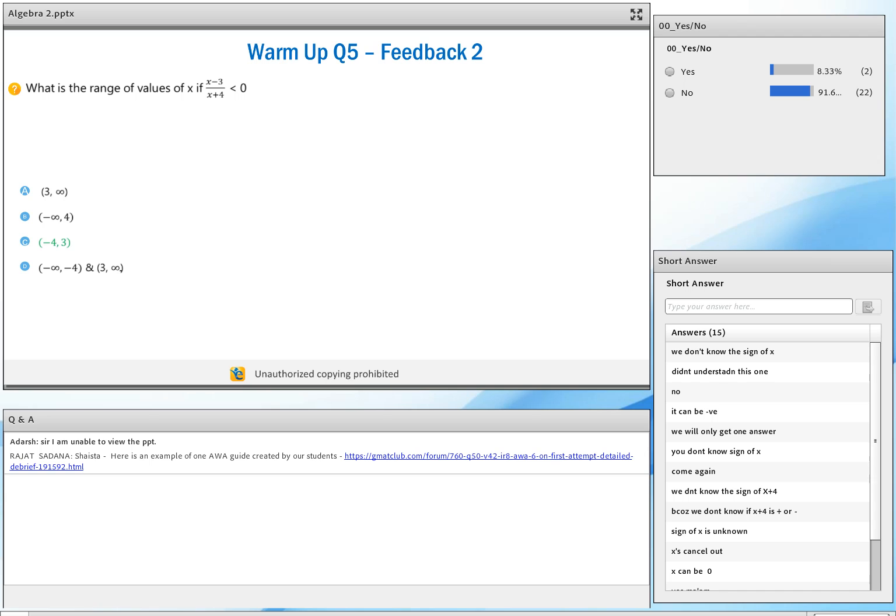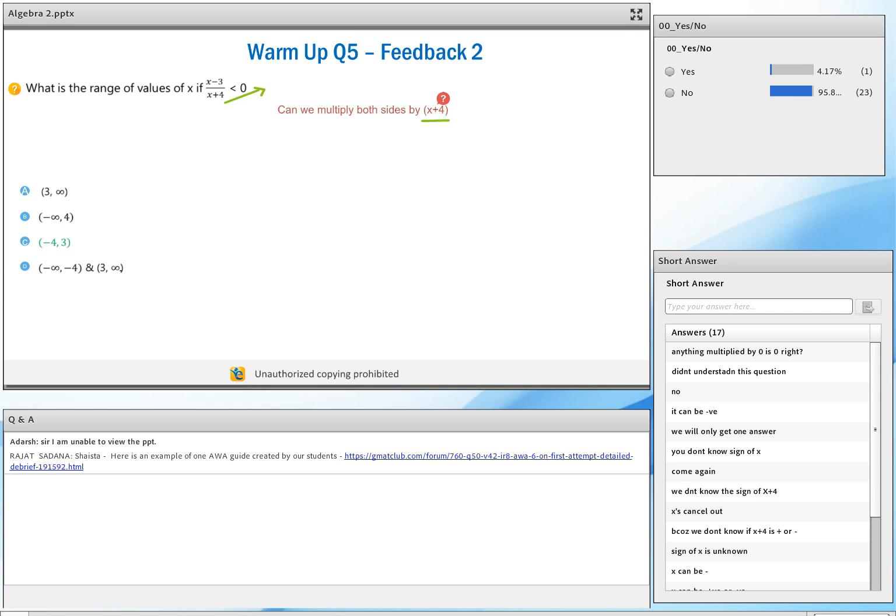For those of you who could not understand my question, all I'm saying is that because x minus 3 divided by x plus 4 is less than 0, can I not just multiply x plus 4 on both sides of the inequality and end up getting x minus 3 is less than 0? The answer is no, I cannot do that. Why? Because I don't know whether x plus 4 is positive or negative.